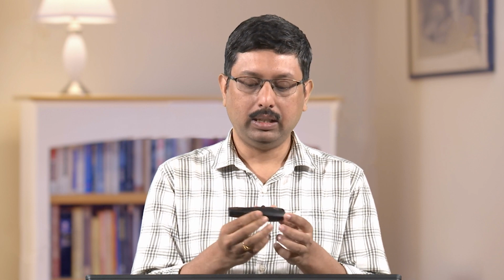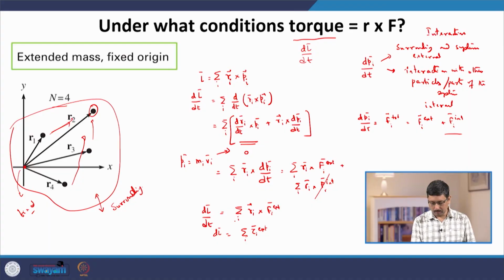For example, the torque due to Earth's interaction. If this is our system, then what causes the rotation is an external force like the gravitational attraction due to Earth, which is coming from the surrounding. So, this is true even for an external force.